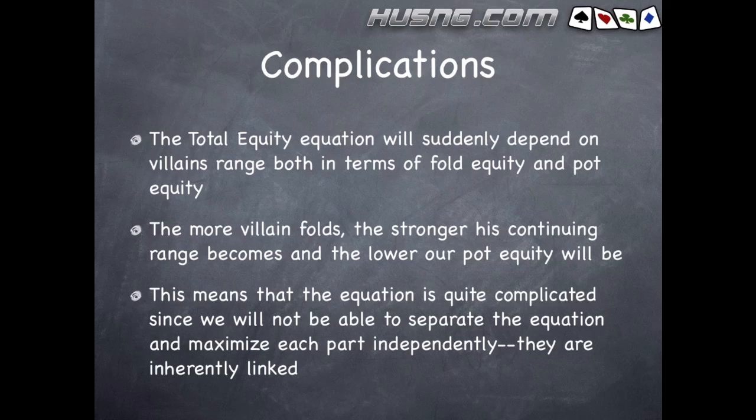But the other 80% is playing against us, and it will be stronger post-flop than a 100% range. We'll have to look at and deal with later the situations in which you have both things active, and you do have to know that the more villain folds, the stronger his continuing range is.